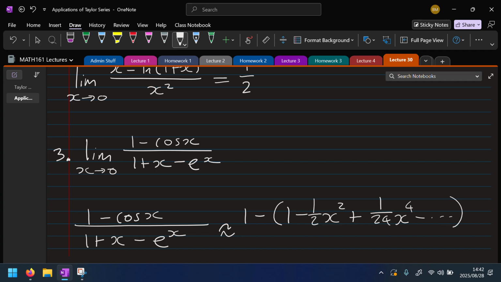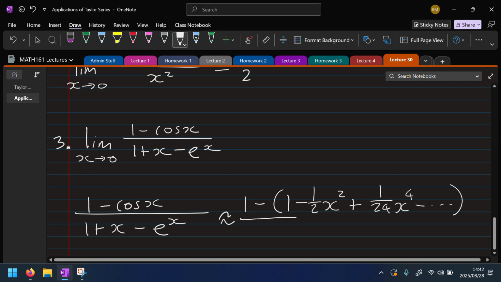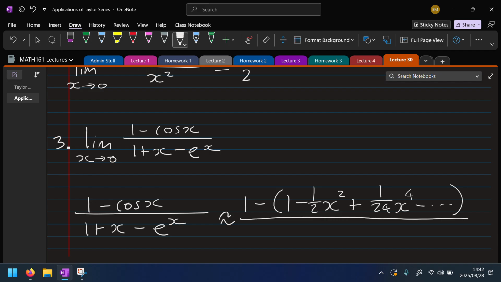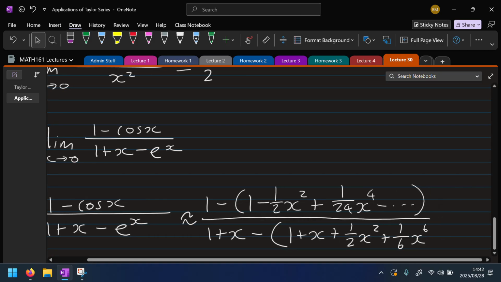And then there's some other ones. We don't have to worry about that. Okay, and in the bottom, the 1 plus x, we're going to keep that at the bottom. Minus, and then the e to the x, we're going to put a few terms of that. So that's going to be 1 plus x plus a half x squared plus 1 over 6 x to the 6.